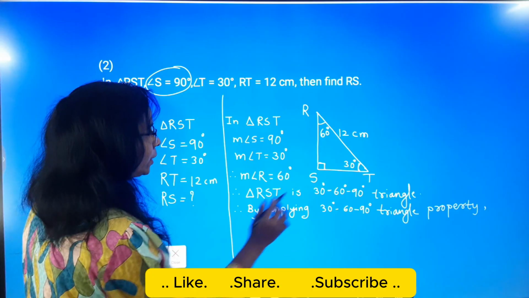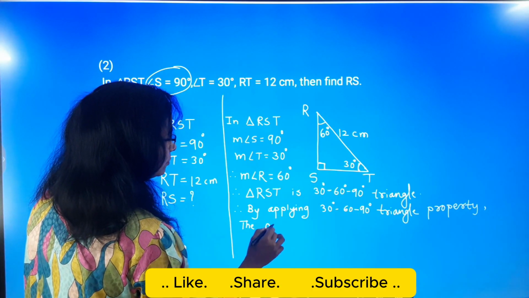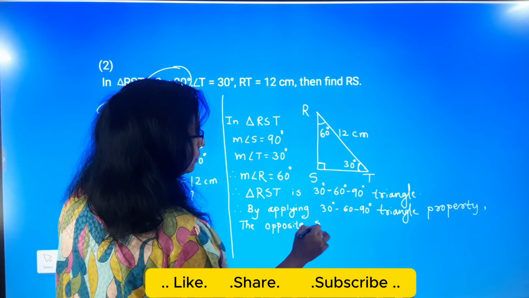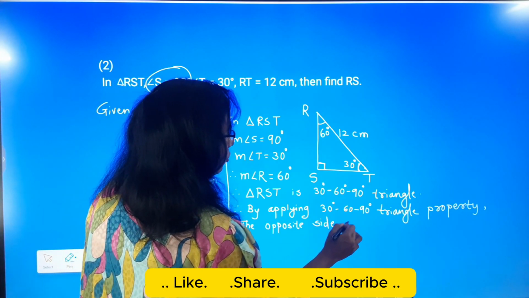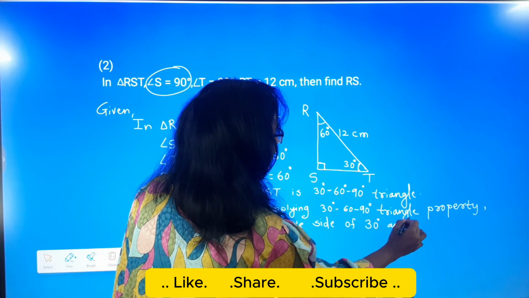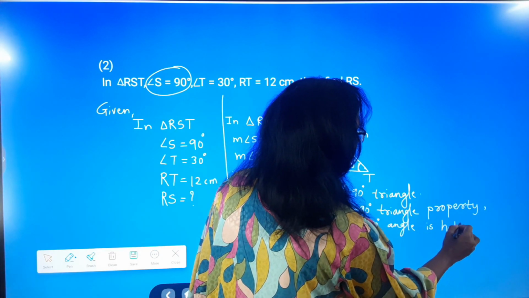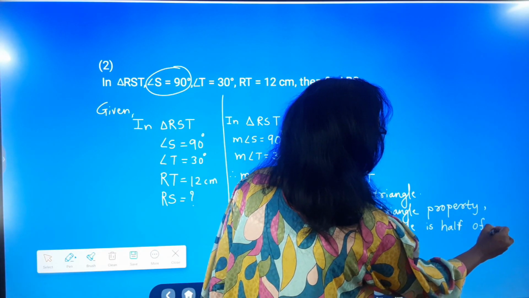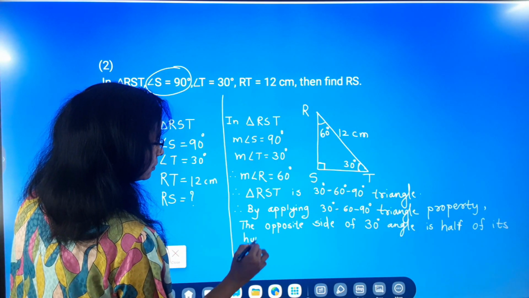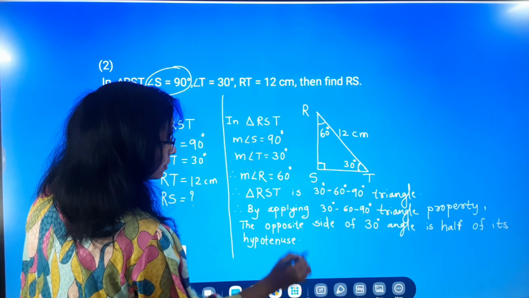That 30 degree angle property is that the side opposite to the 30 degree angle is half of its hypotenuse. Half of its hypotenuse.